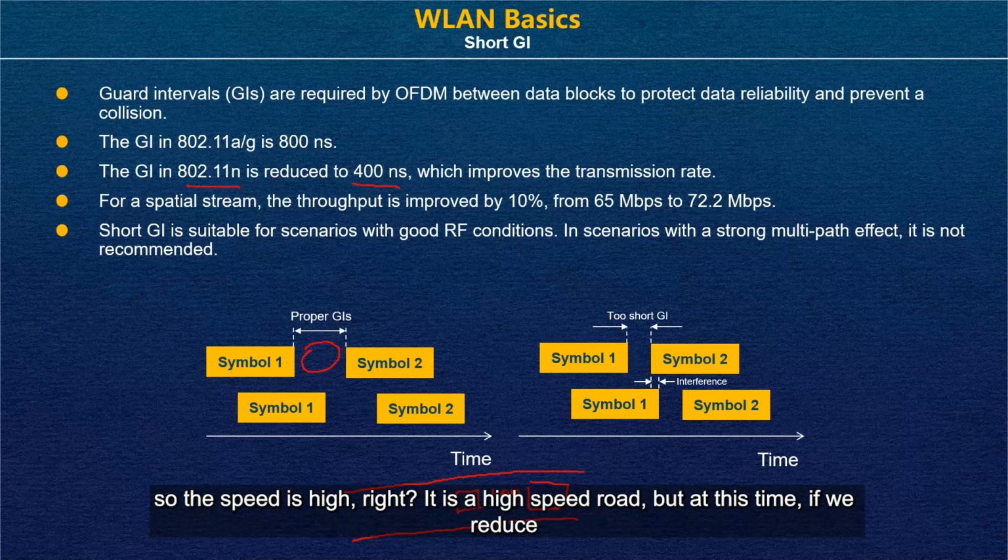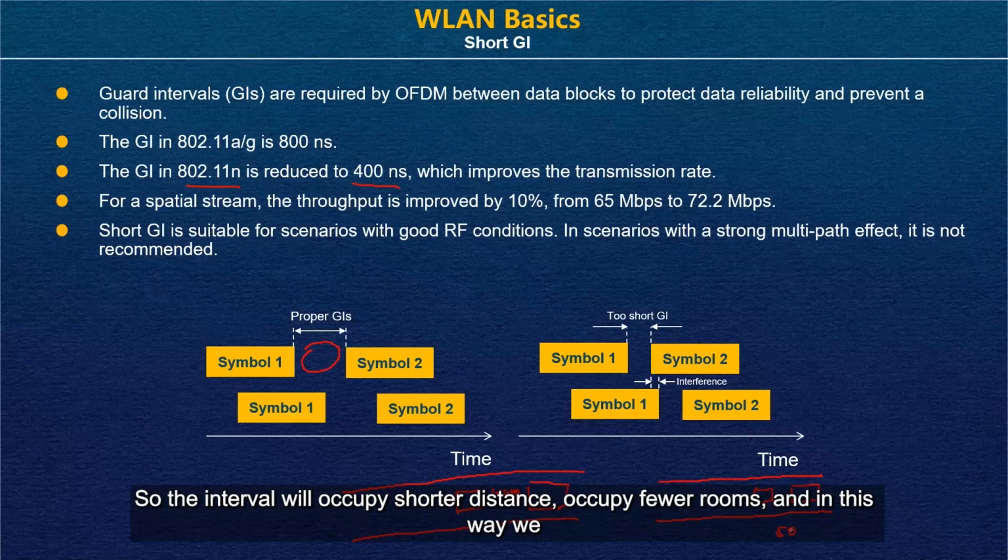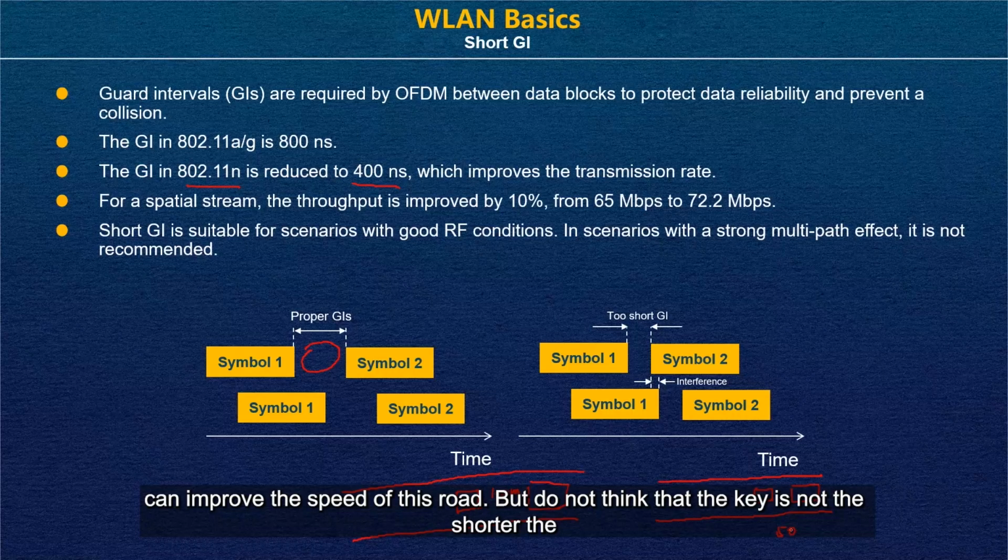But at this time, if we reduce the distance between two cars, for example, to 50, the interval will occupy a shorter distance or fewer rooms. And in this way, we can improve the speed of this road.